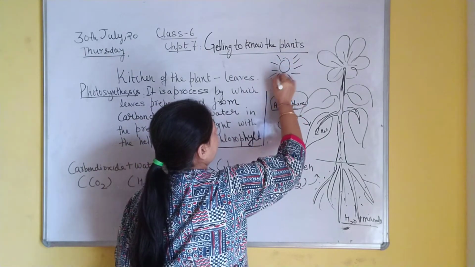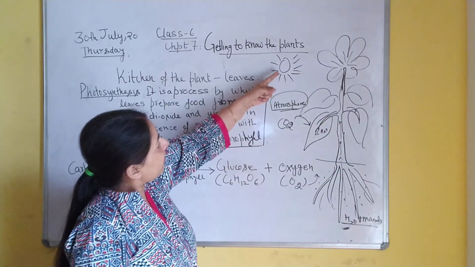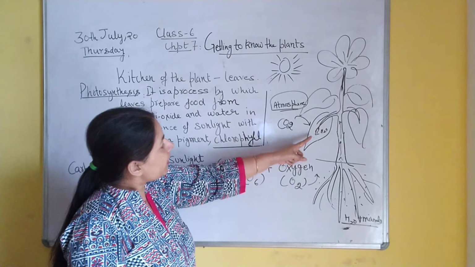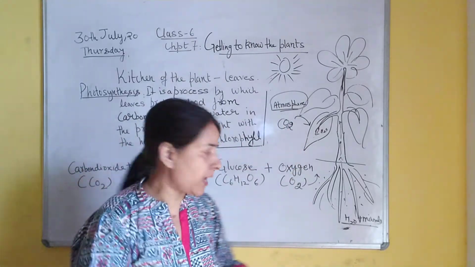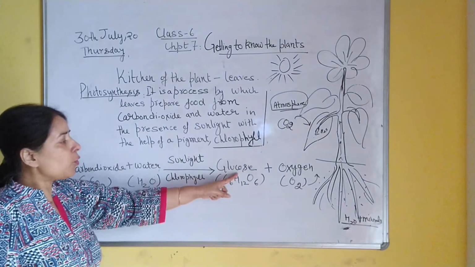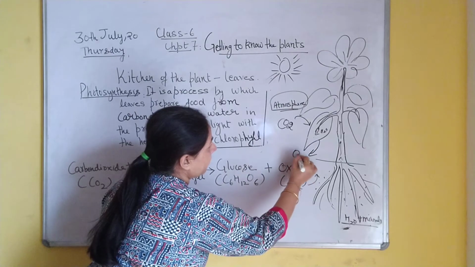That pigment only works when there is sunlight. When light falls on the leaf, the pigment gets activated and starts to convert carbon dioxide and water into glucose, releasing oxygen to the environment.